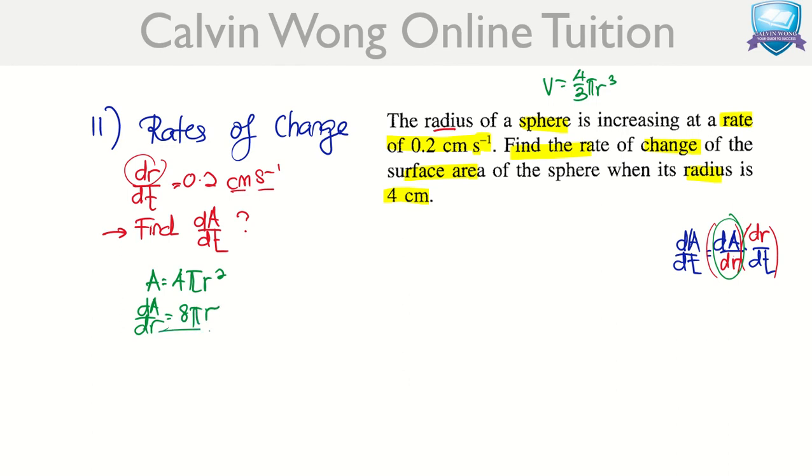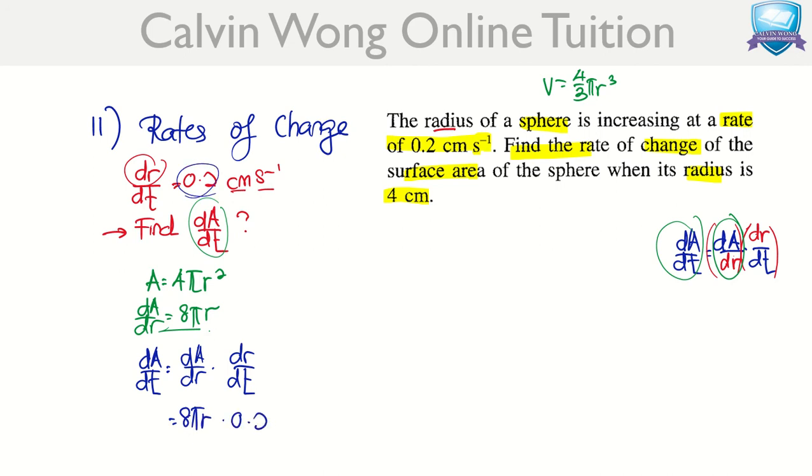Done. Then I want to find dA/dt, which is what the question asks for. dA/dt equals dA/dr times dr/dt. dA/dr is 8 pi r and dr/dt is 0.2. That will be 1.6 pi r.